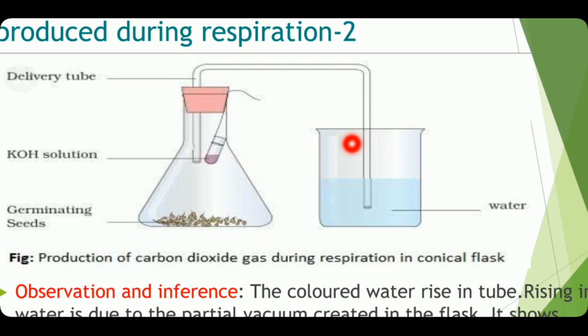The water rises up in this tube, and we can mark the final level of water also. Why is it so? Because the carbon dioxide that is produced is absorbed, so a partial vacuum is created, and that's why water ascends in the tube.